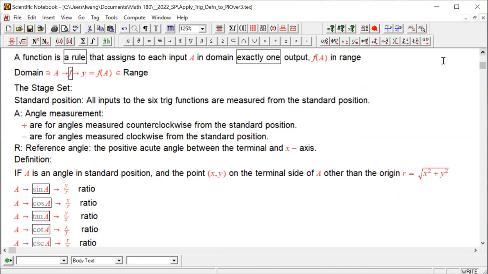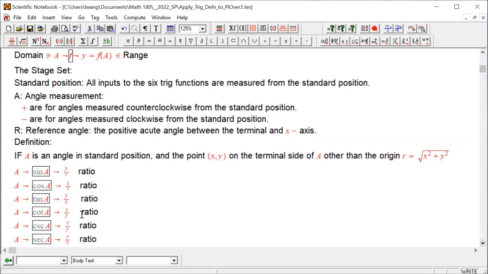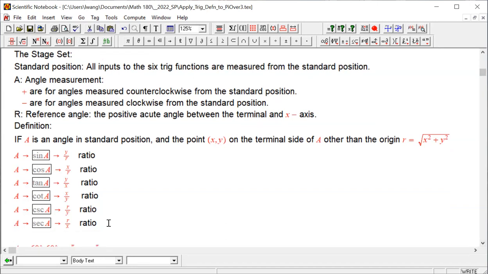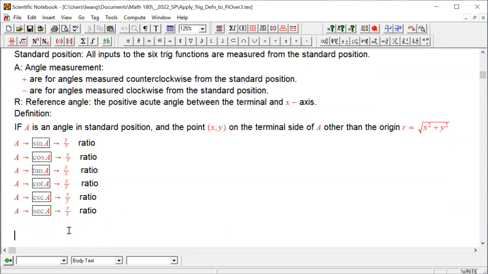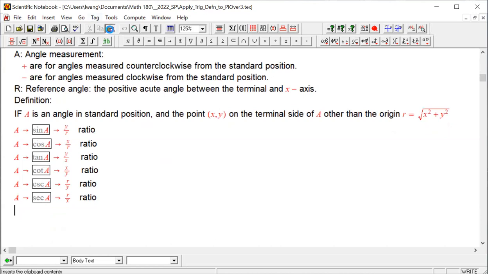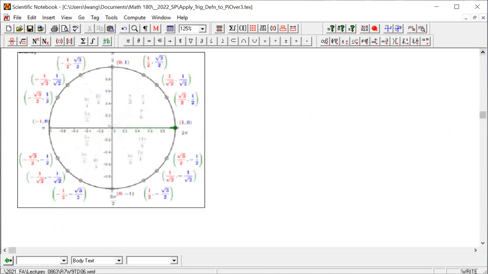These 6 functions, each one of them is a rule, and each one of them takes angles, and some of them cannot take certain angles. Some of them can take all the angles. That will be our next discussion, which is on domain and range. But prior to that, I hope this will be a decent summary.